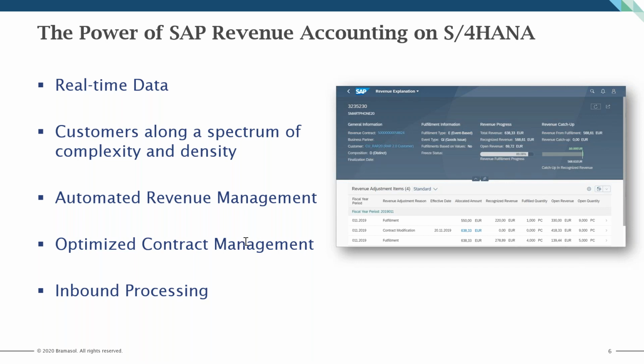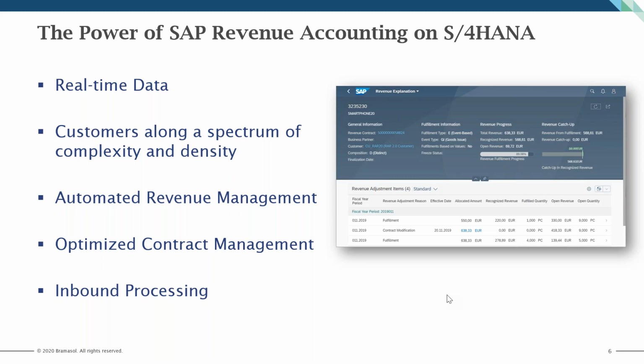We talked a little bit about the spectrum, complexity and volume. You can also start to overlay things at various fulfillment events, going from very simple cases all the way up through variable consideration. So you have straight line fulfillments, maybe percentage of completion.